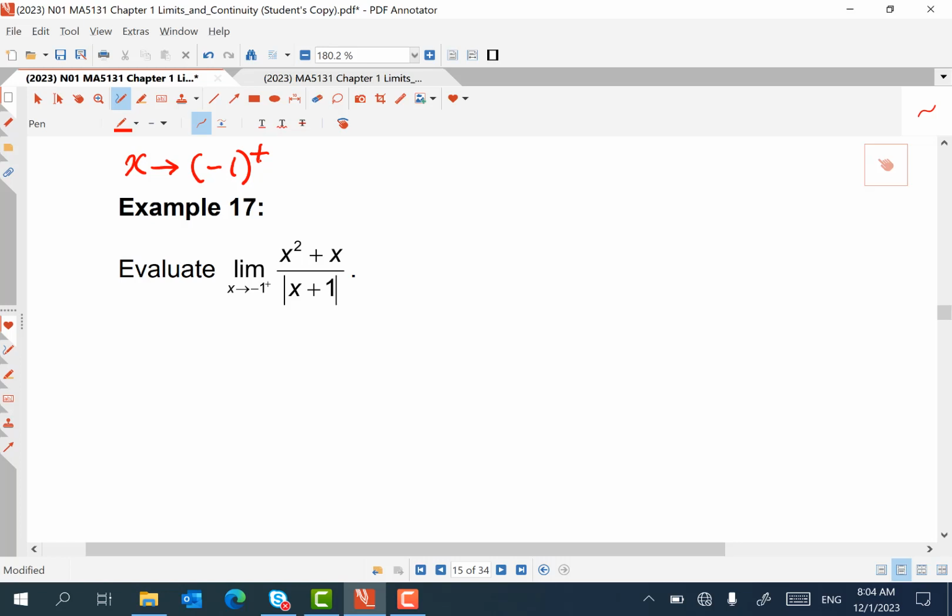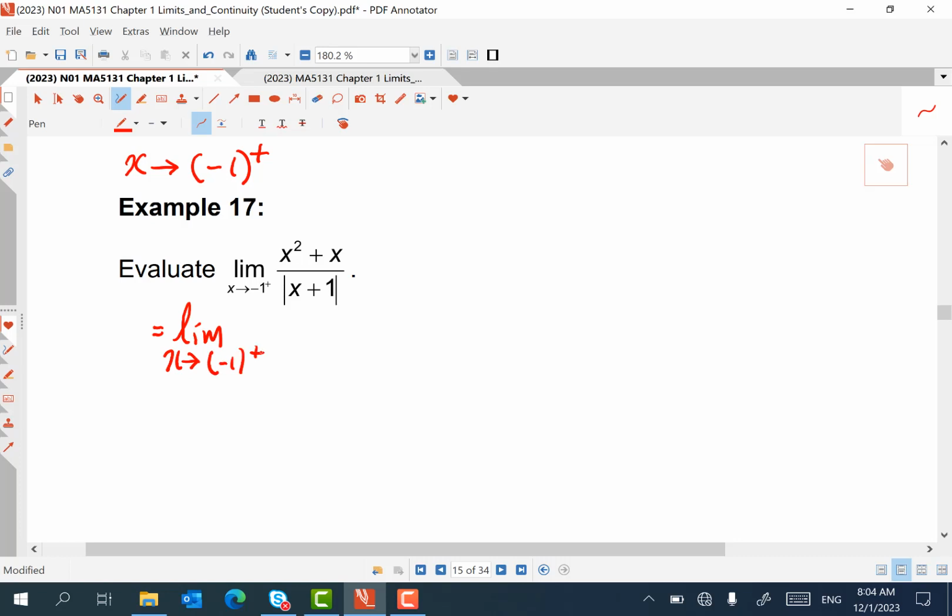Otherwise, it can cause a little bit of confusion. So I prefer that you write like this for the thinking below, the limit. So this becomes limit x tends towards minus 1 plus.